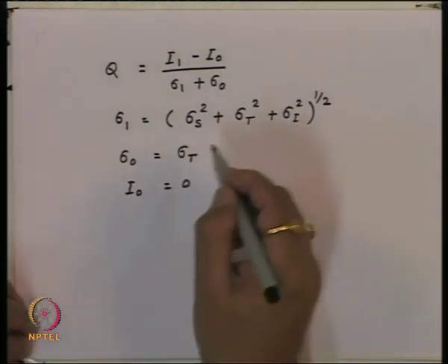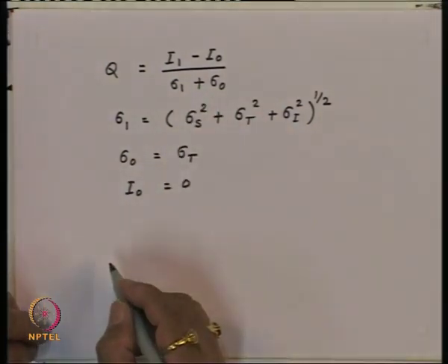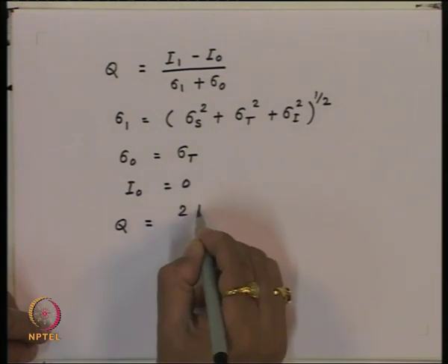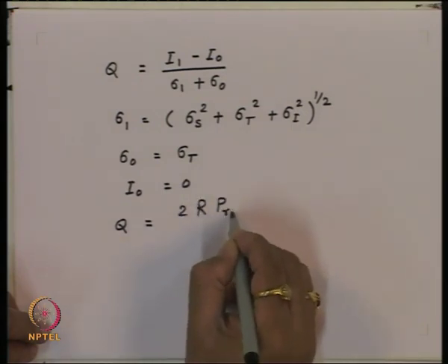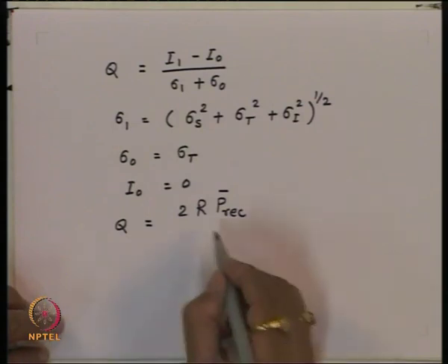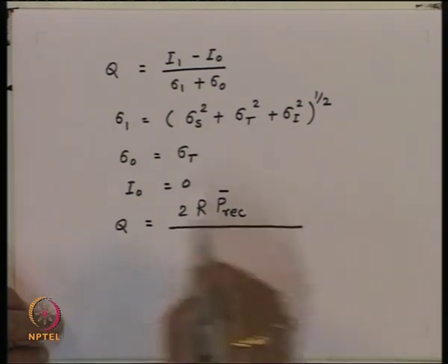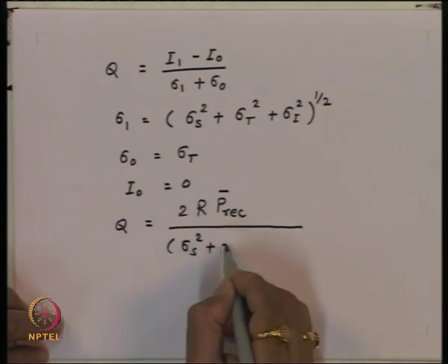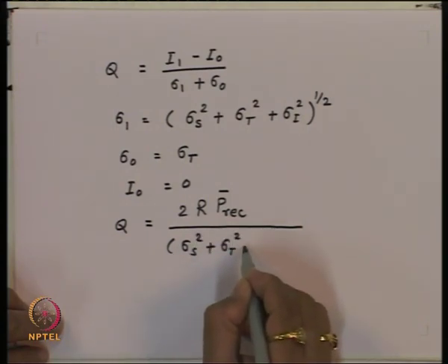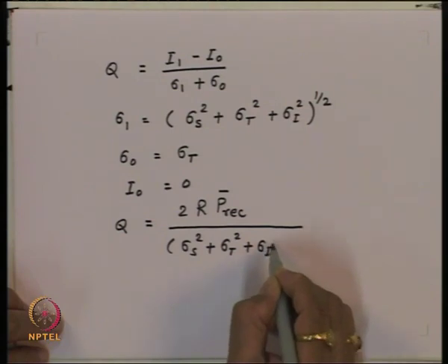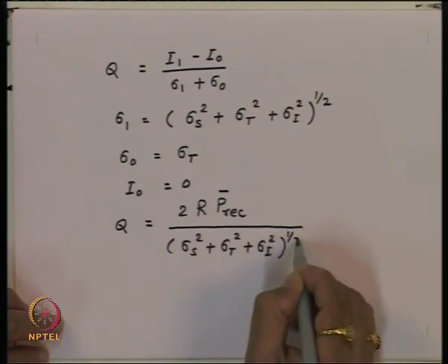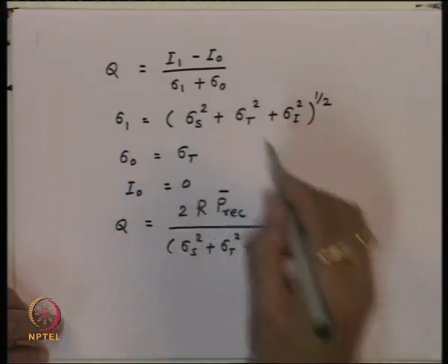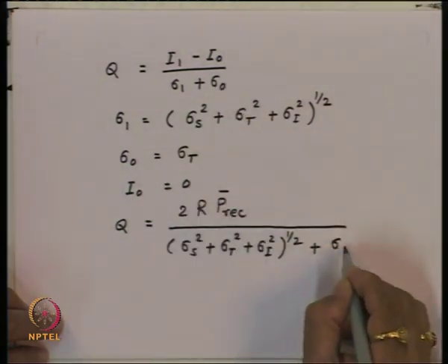If you substitute these parameters, you get this parameter Q, that will be 2 times R P average divided by (sigma s square plus sigma t square plus sigma I square) to the power half plus sigma 0, which is sigma t.